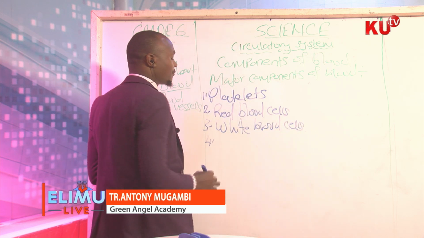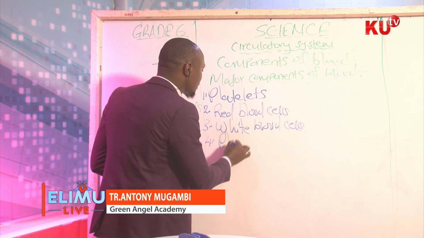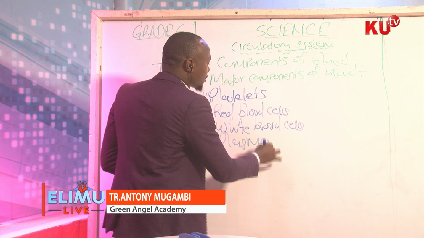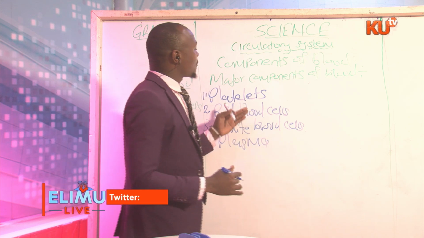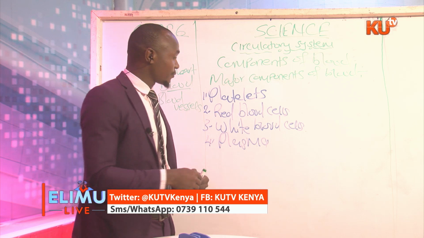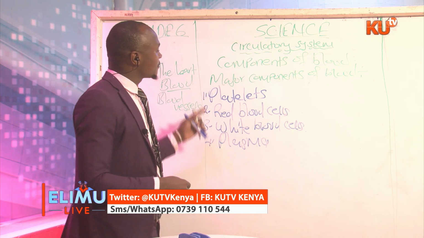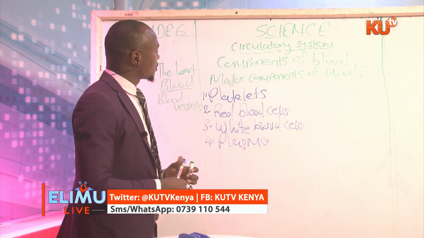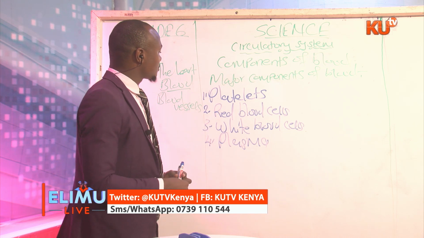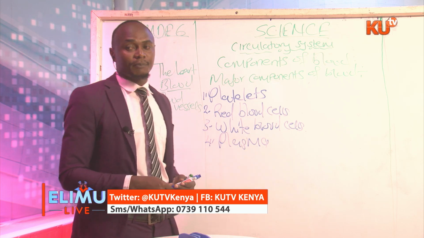And finally, number 4, we have blood plasma. These are the 4 components of blood that we have: the platelets, the red blood cells, the white blood cells, and finally the blood plasma.